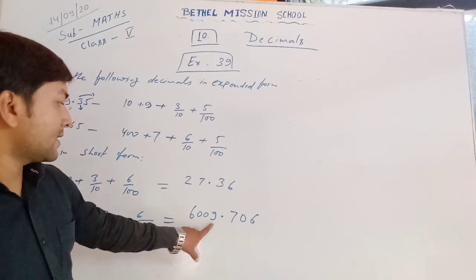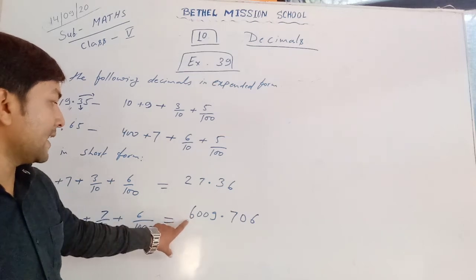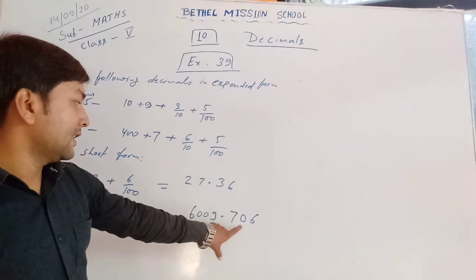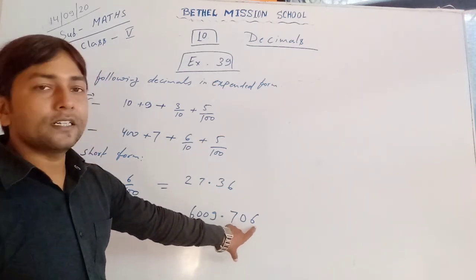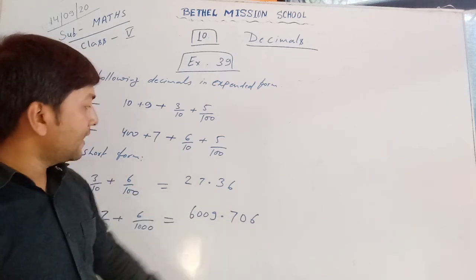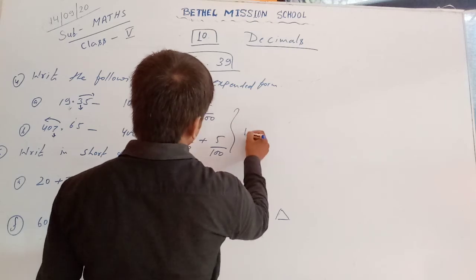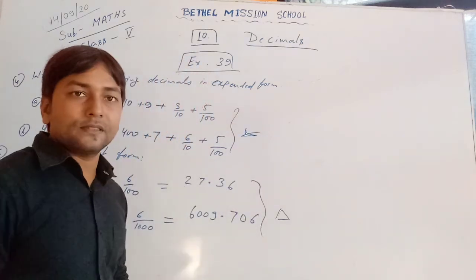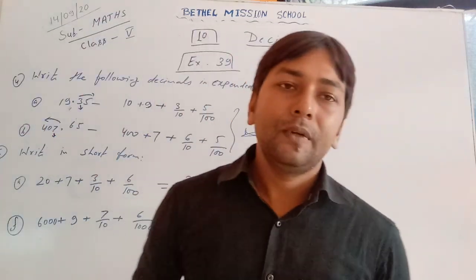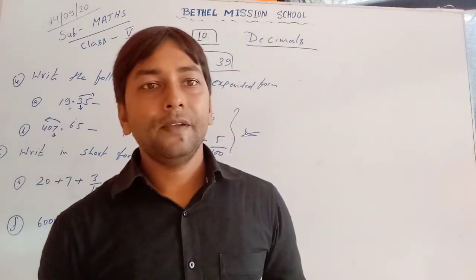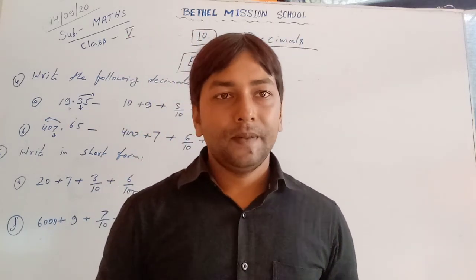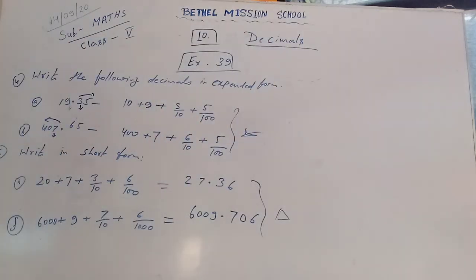This is ones, tens, hundreds, thousands. I hope you got it. Same you will do. Many examples are given in your book. You will solve the rest of the questions. Okay, till then have a good day. Bye.